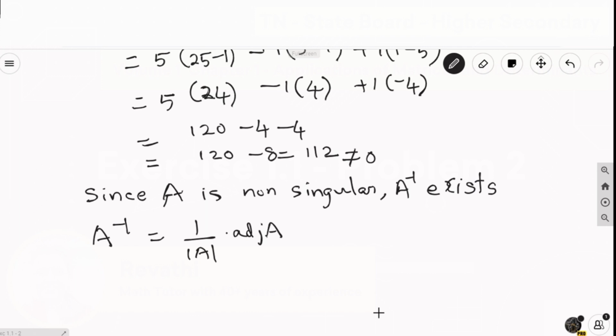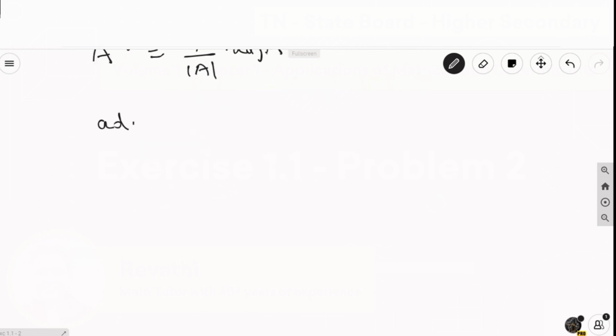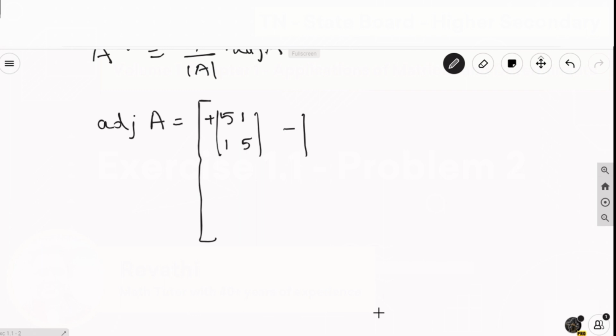So for finding the inverse, we have found the determinant value. Now we have to go to this term, adjoint A. Now find the value of adjoint A. Adjoint A, we know, is the transpose of the cofactor matrix. Cofactor of the first row, first element. Cofactor of the first row, second element.